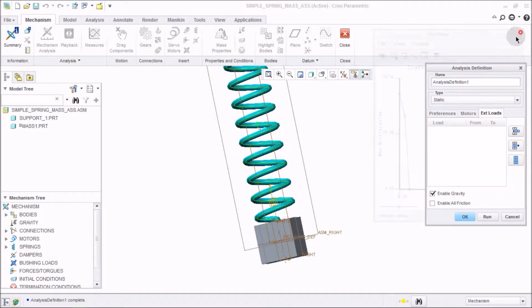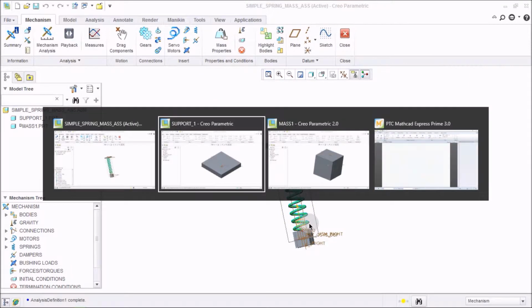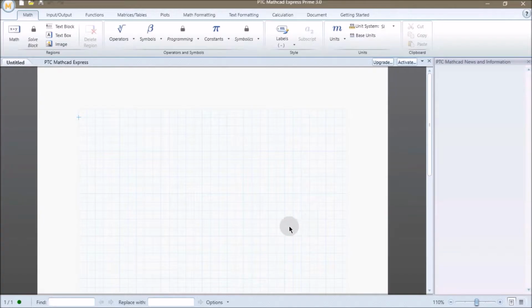Now how much will the static deflection be? We will see by analytical methods. Here our mass is around 5 kg, then the stiffness of the spring is 1000.